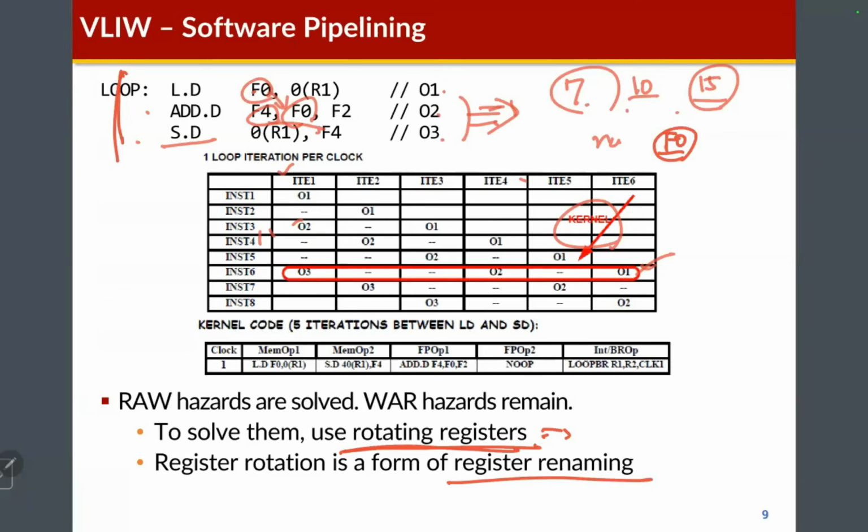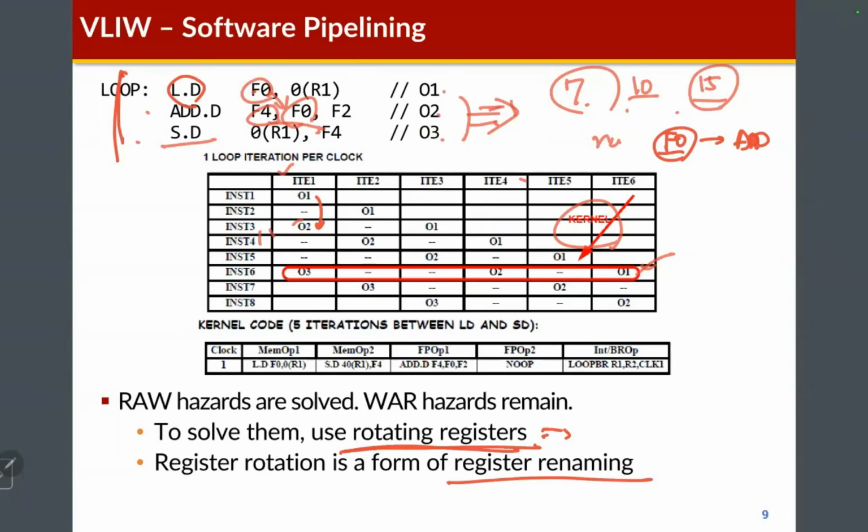F0 is produced by the load instruction, and F0 is consumed by the add instruction. So the lifetime, which means that the value of F0 will be maintained until O2, right? This is the lifetime of F0.